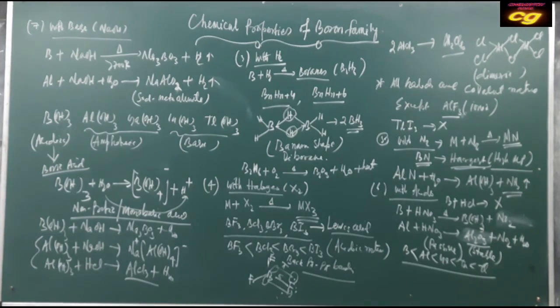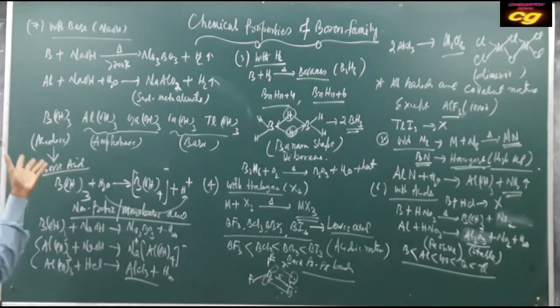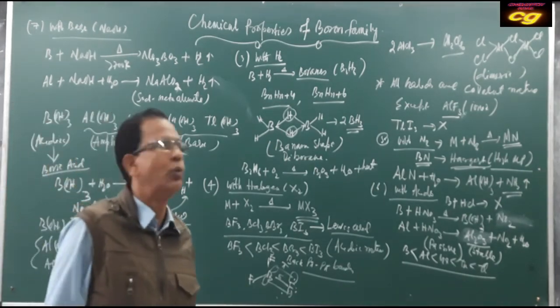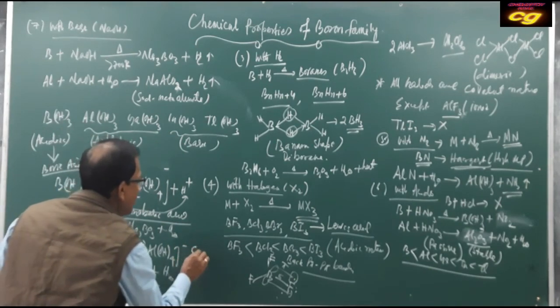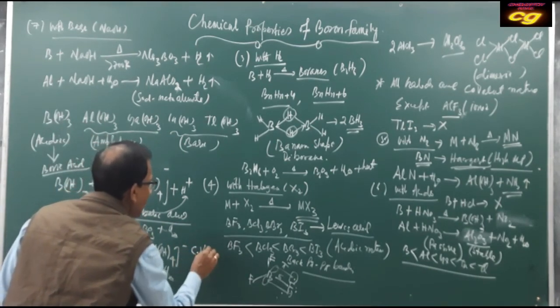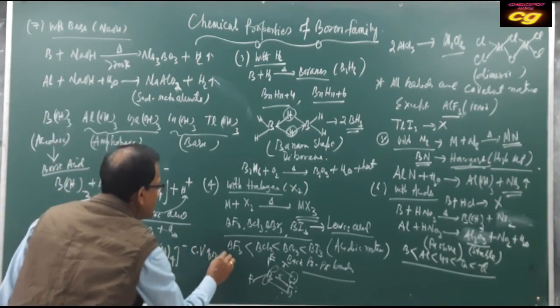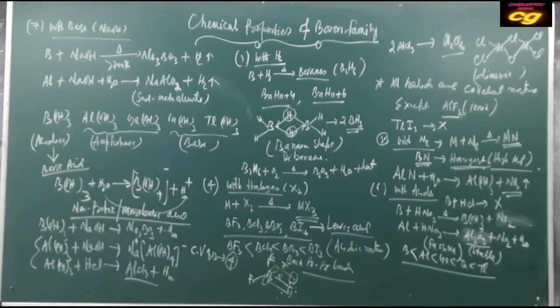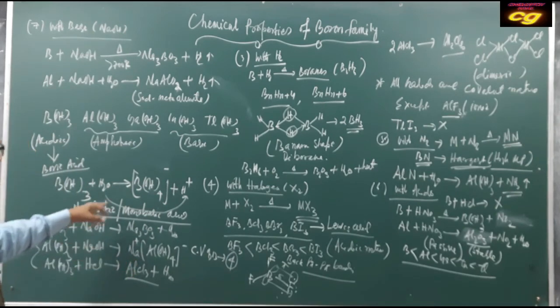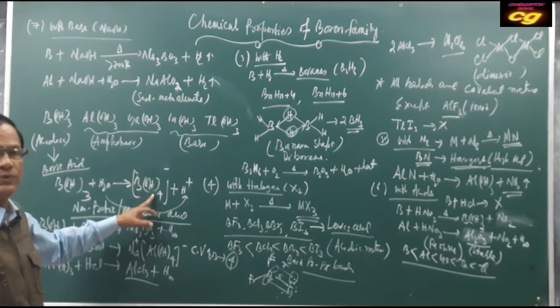It is also observed that the covalency of boron is maximum 4. For example, in [B(OH)4], the covalency is 4.